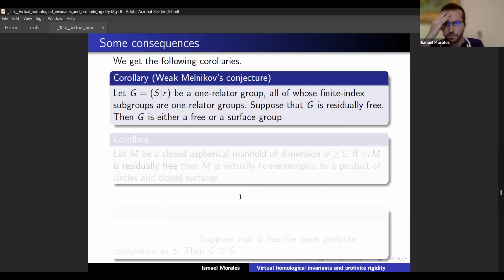Sorry, I'm not sure I got the question about this weak form. So the theorem is, if you relaxed residually free to residually finite, your theorem is false because of Baumslag-like solitary subgroups.